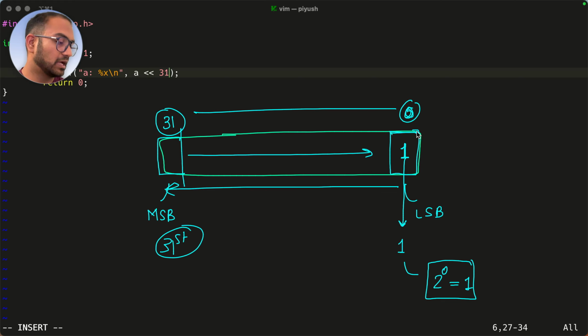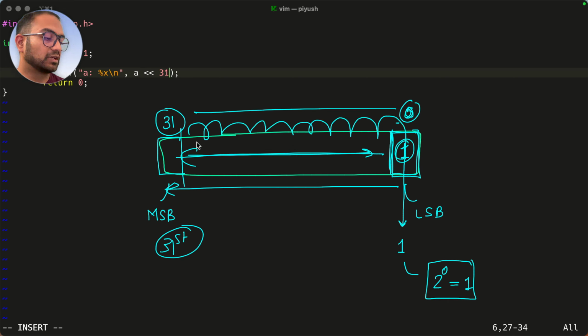Take this bit pattern, which happens to be 1 with all zeros on the left, and push it by 31 bit positions. So 1 comes here, then here, then here, and so on. After 31 hops, it comes here. So first, I'm moving it to the left by 31.